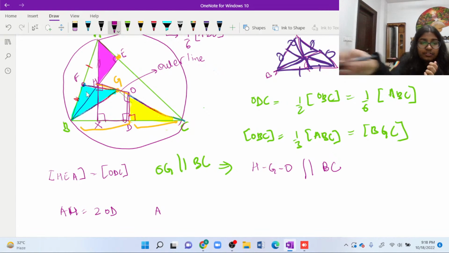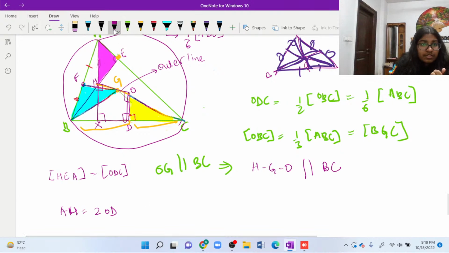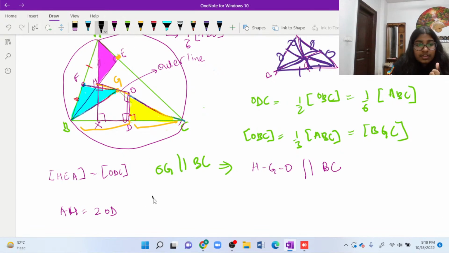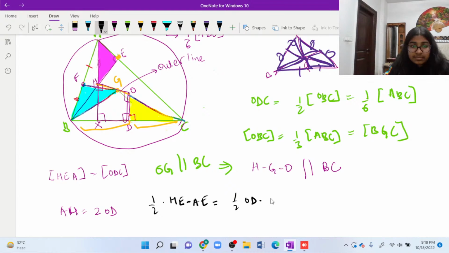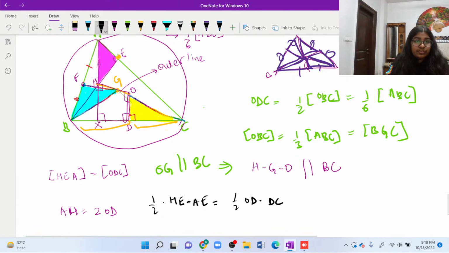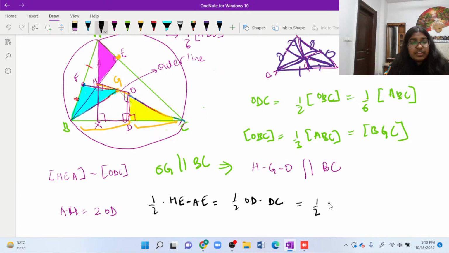And now the area of HEA is just half HE times AE, and the area of ODC is half OD times DC, and OD is half of AH, and DC is just half of BC.